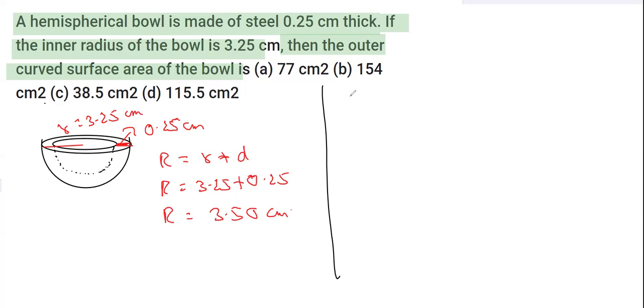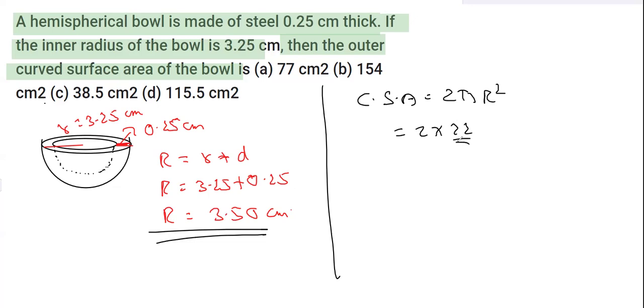So what we are going to do is simply apply the formula of curved surface area. It's mentioned outer curved surface area, so for this it is 2 pi R square. Now R we must take as capital R here because it represents the outer radius. So now replace pi with 22 upon 7 and R, which is 3.5.